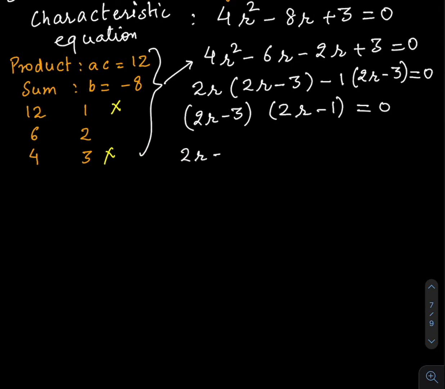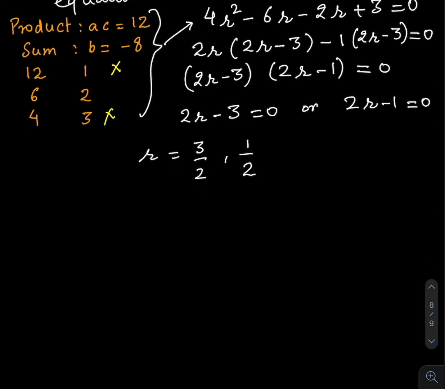So either 2r minus 3 is equal to 0 or 2r minus 1 is equal to 0. It means r is equal to 3/2 or r is equal to 1/2. We got two values of r.